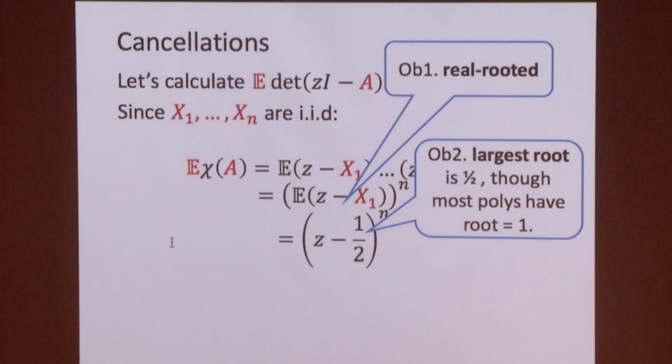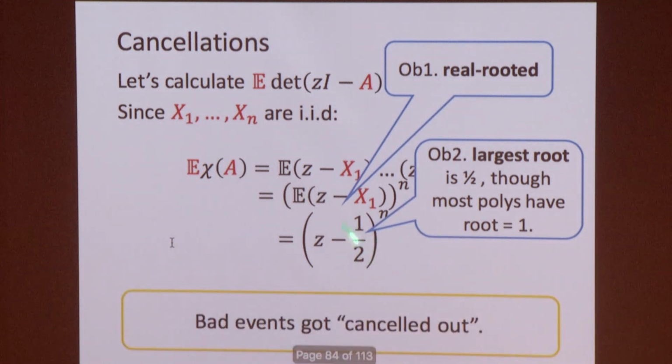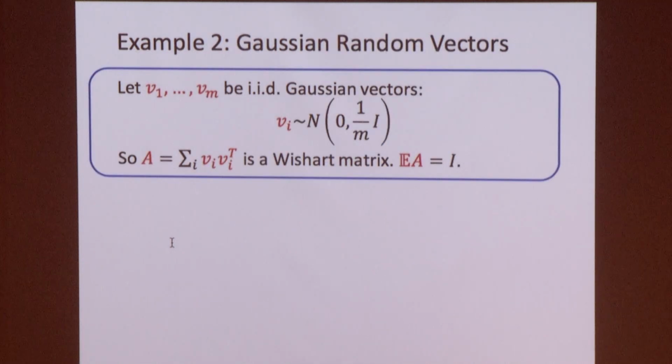I said with exponentially high probability, the largest eigenvalue is 1. So I averaged a bunch of things with root 1, but when I averaged them, somehow all of that stuff canceled out, and all I got left was this half. So all the bad events somehow cancel each other out in this example. Okay, so I don't know. Does this mean anything? Is it useful for anything? I don't know. Let's look at another example.